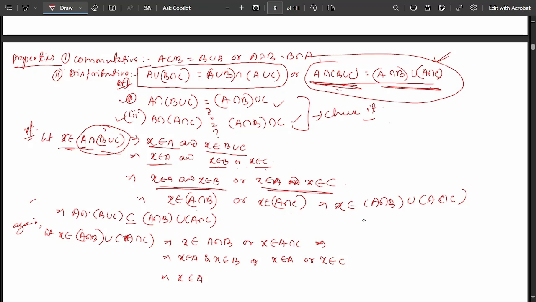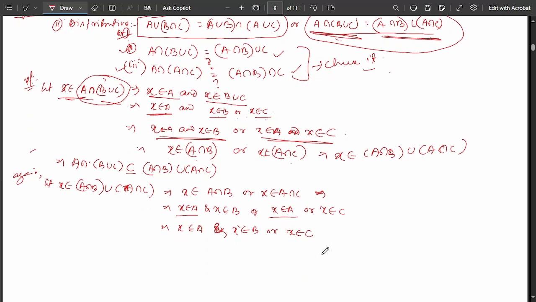x belongs to A and x belongs to either B or x belongs to C. Because A appears twice, I can write x belongs to A once.